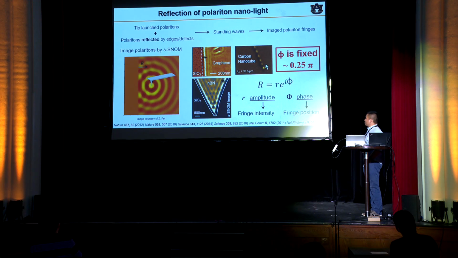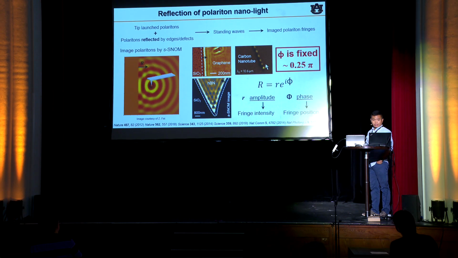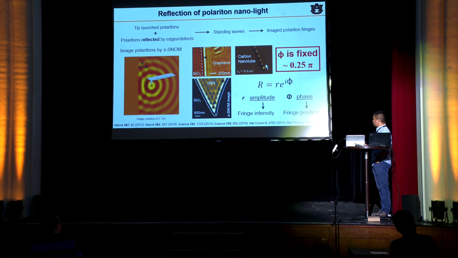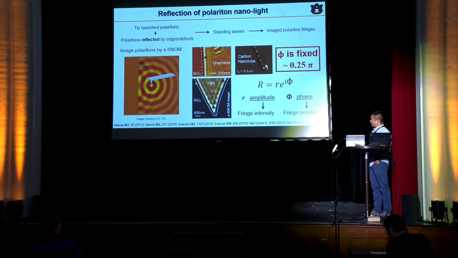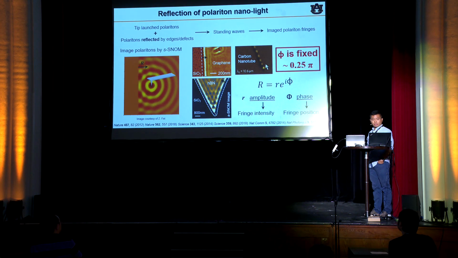So reflection is actually going to be a complex number. It's not only an absolute value. It has the amplitude and phase. Amplitude of the reflection determines the intensity of your imaged fringes, and the phase of the reflection determines the position of your fringes.